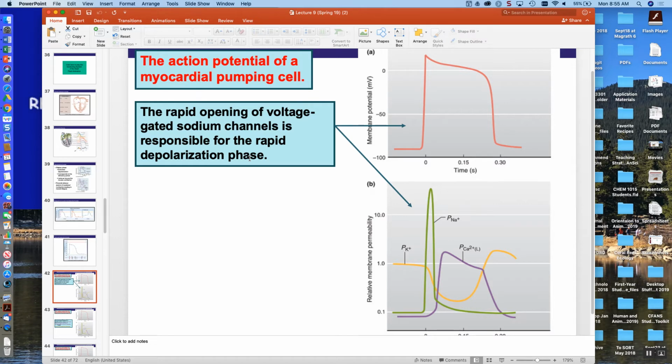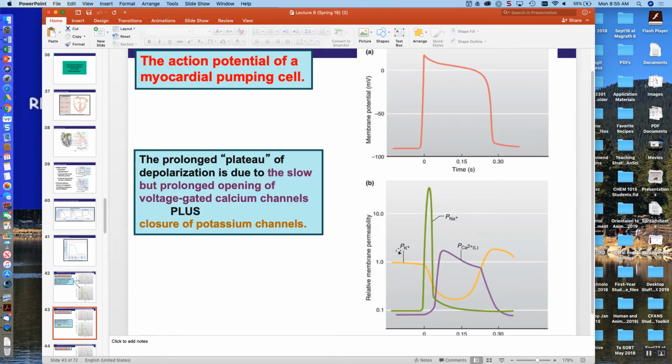Then this actually skips to the plateau phase. That's in purple here. That's due to the opening of a voltage-gated calcium channel. So the prolonged plateau phase is due to the slow but prolonged opening of a voltage-gated calcium channel, plus the closure of a potassium channel.